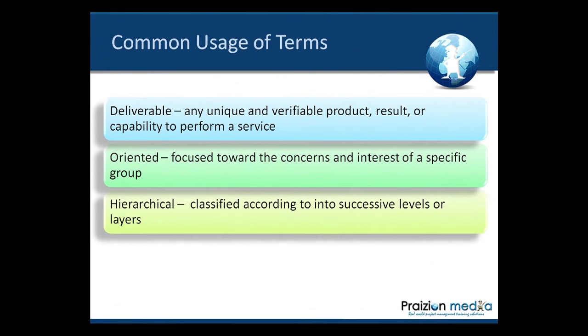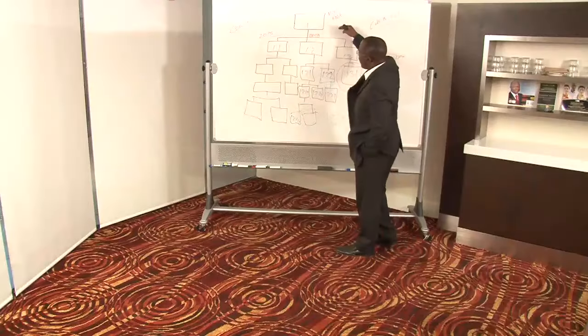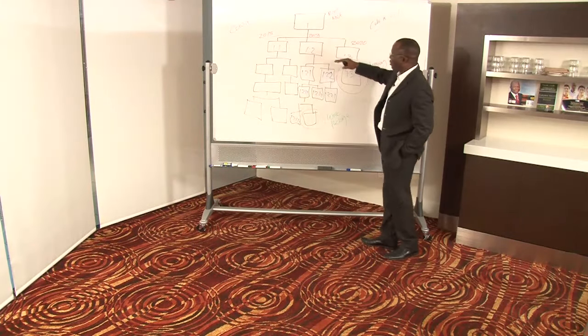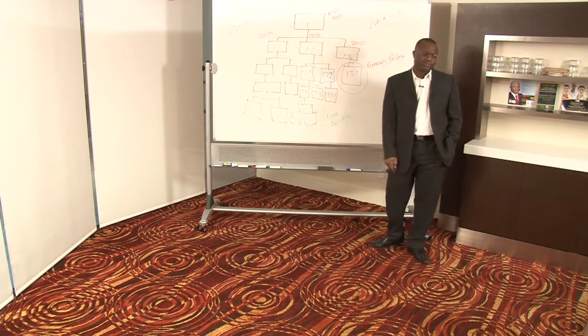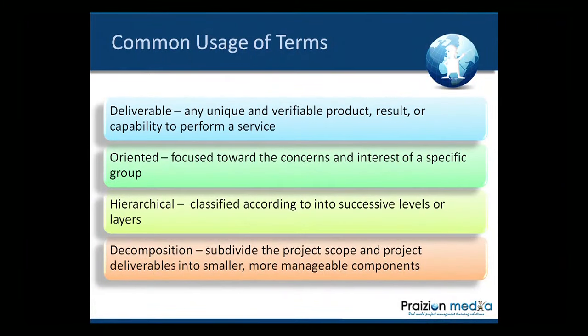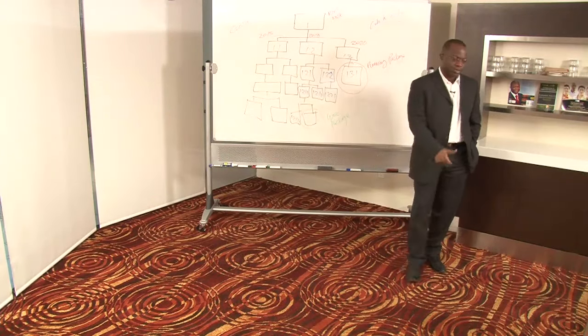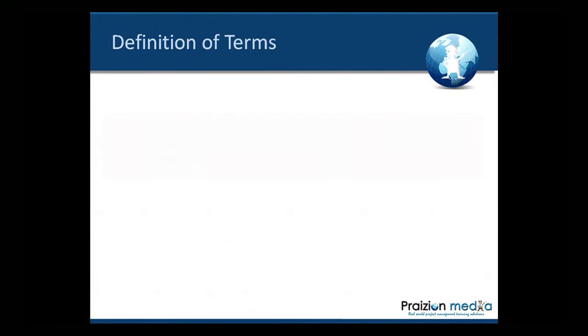Hierarchical means according to successive levels or layers. As you can see, these layers are the different levels in the WBS. And decomposition means dividing the work into smaller, more manageable pieces. So when we use the word decomposition, we're talking about subdividing the project work into smaller pieces.